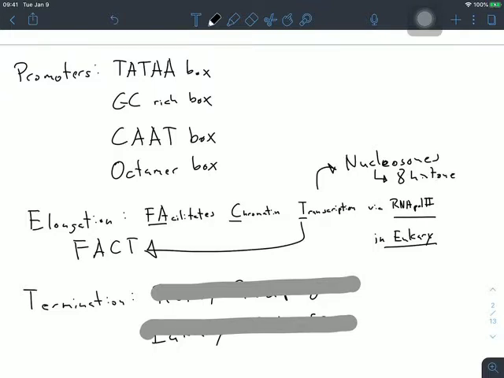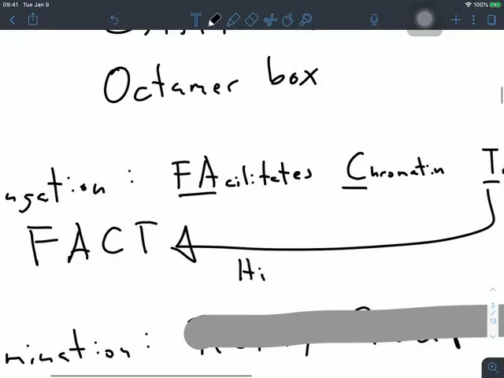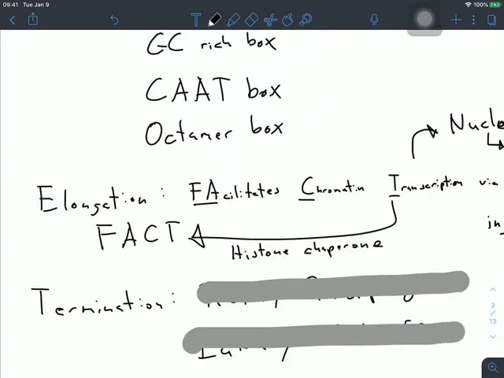And this allows the DNA to be held together like beads on a string, preventing it from being super tangled up. But those nucleosomes and those histones are actually getting in the way when you're trying to perform elongation. So FACT is a histone chaperone. You can think of it as a molecule that's going just ahead of where RNA polymerase II is and clearing the histones out of the way. Like, scoot, scoot, scoot, scoot. We need to make our way through here.